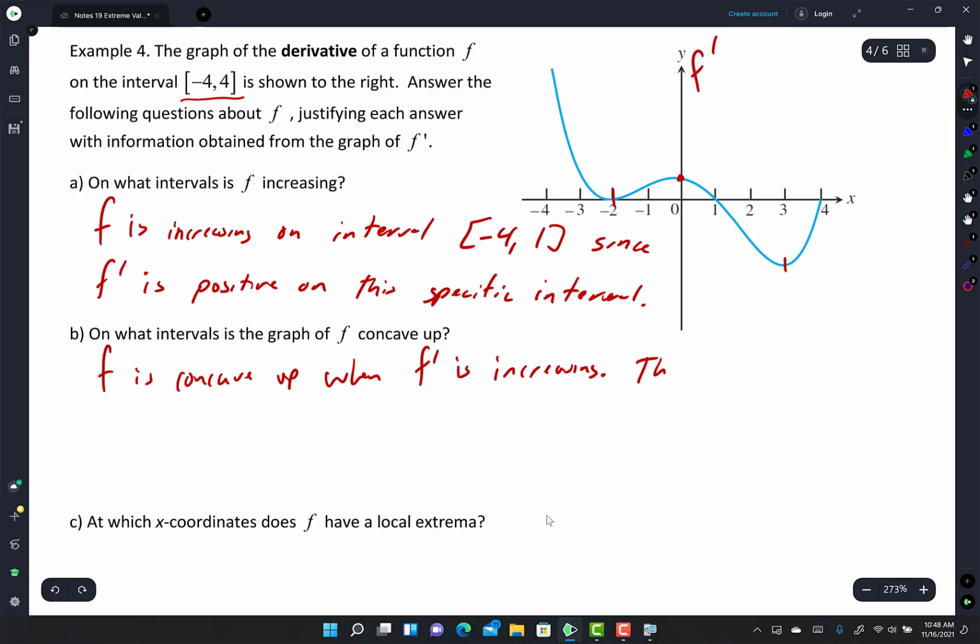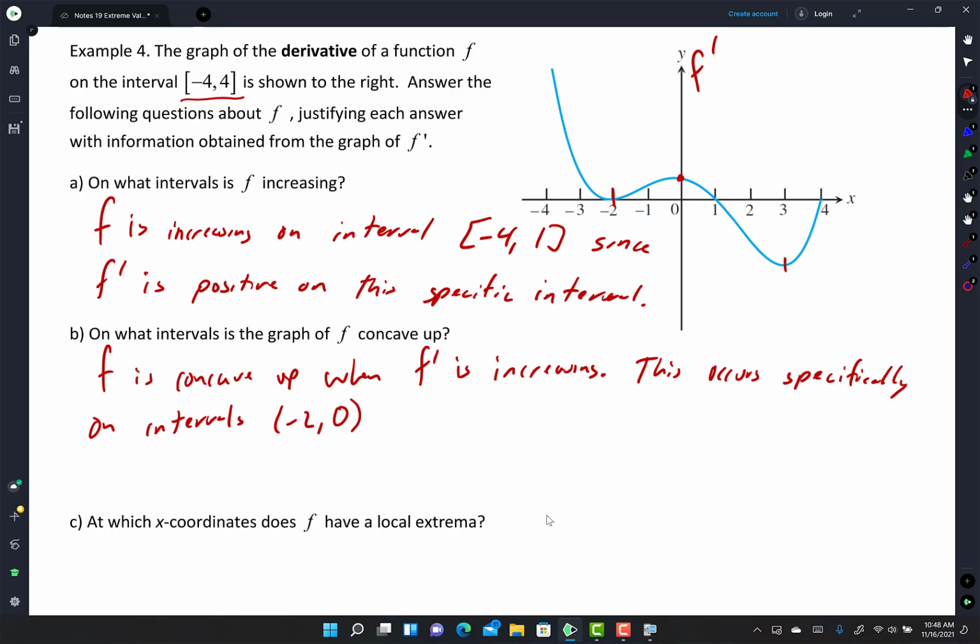This occurs specifically on intervals (-2, 0) and (3, 4). Use parentheses for concavity. That's it. So that's where f is concave up.